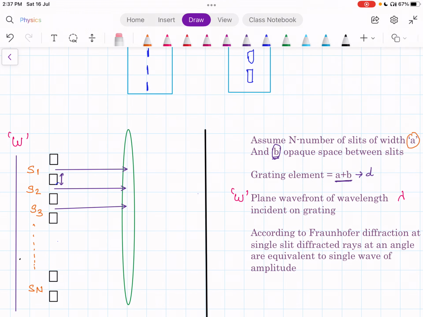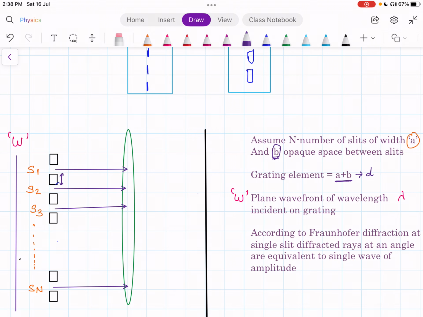Now, since these slits are parallel to each other, the plane of the slits is perpendicular to this page where I am writing. So I have shown this arrow. That arrow direction is normal to the plane of the slits.